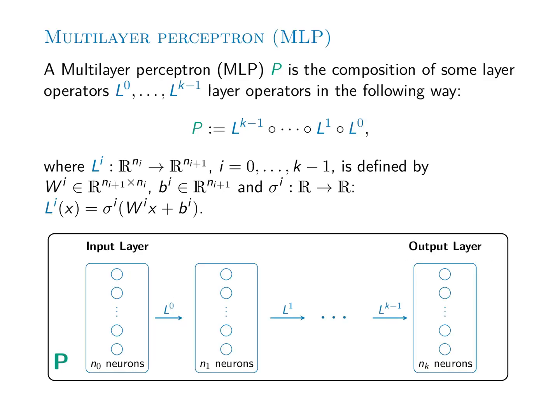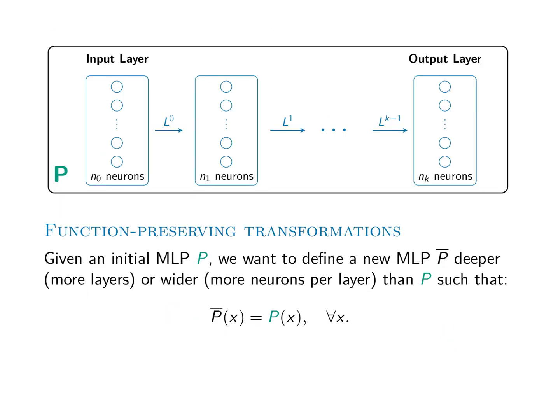A multilayer perceptron, or MLP for short, is just several of these layer operators composed one after another. Our goal, given the multilayer perceptron P, is to build a new network P bar that's deeper or wider, but satisfies that P bar of x equals the original P of x for every input x.